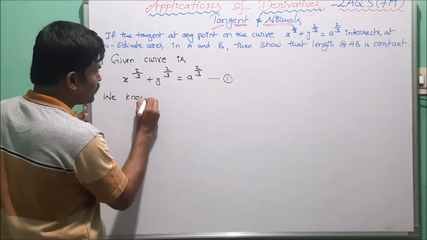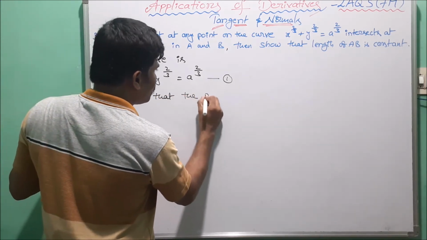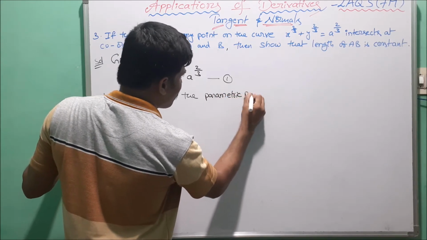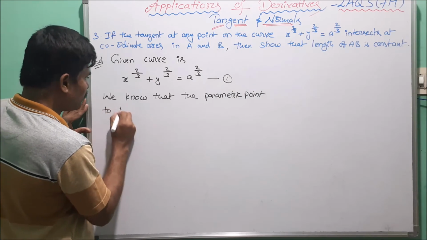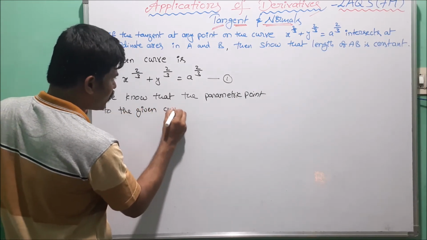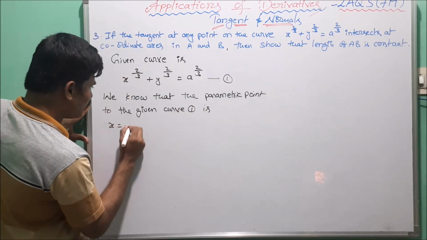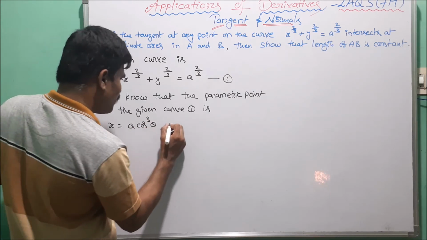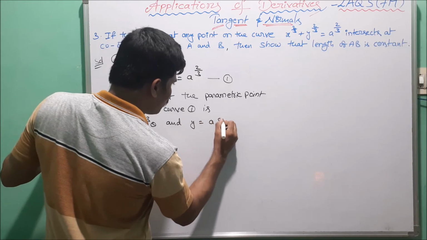We know that the parametric point to the given curve is x = a cos cube theta and y = a sin cube theta.